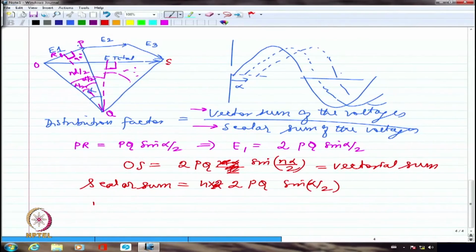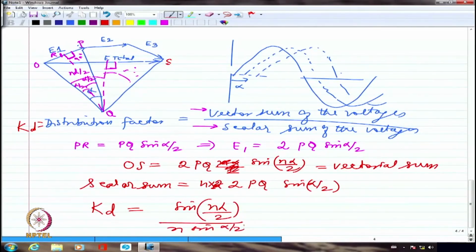So I can write KD, or the distribution factor, that will be equal to sine of n alpha by 2 divided by n sine alpha by 2, where alpha is the angle subtended at the center, or the angular shift between the adjacent slots.